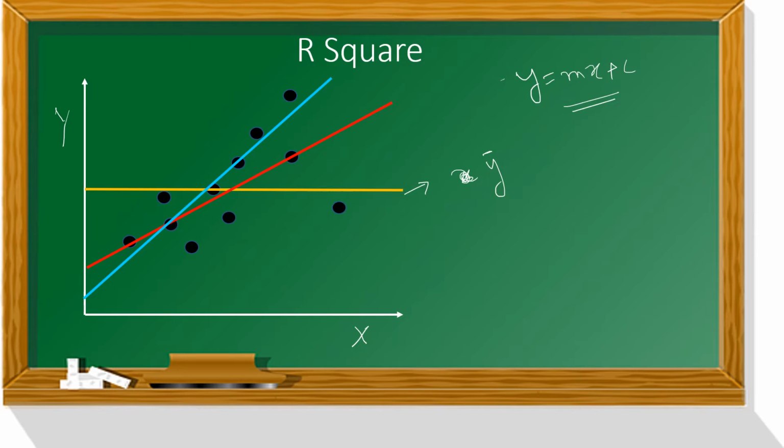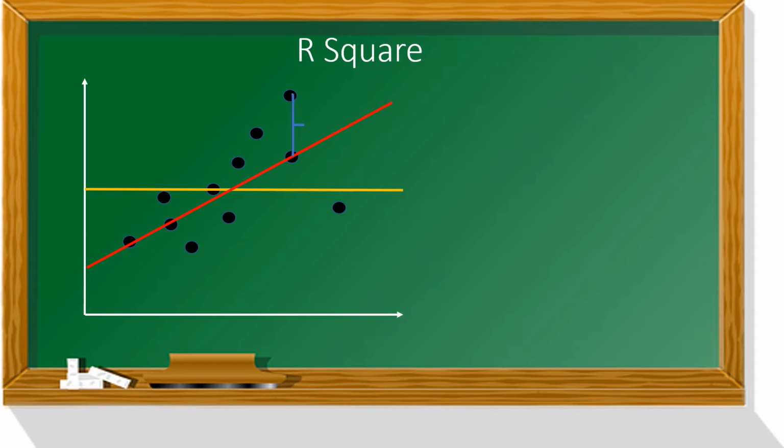Okay, now what we will do is that we will take the red line to be our line which will predict the future value. This is x and this is y. If we have an x value here, in future what will be the value of y is predicted by this line.